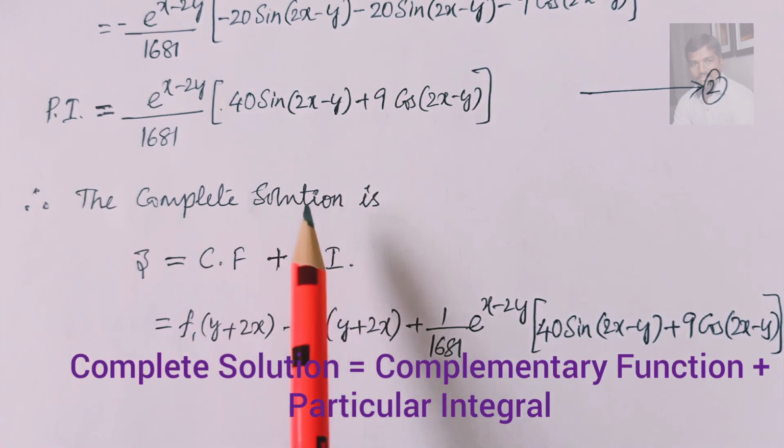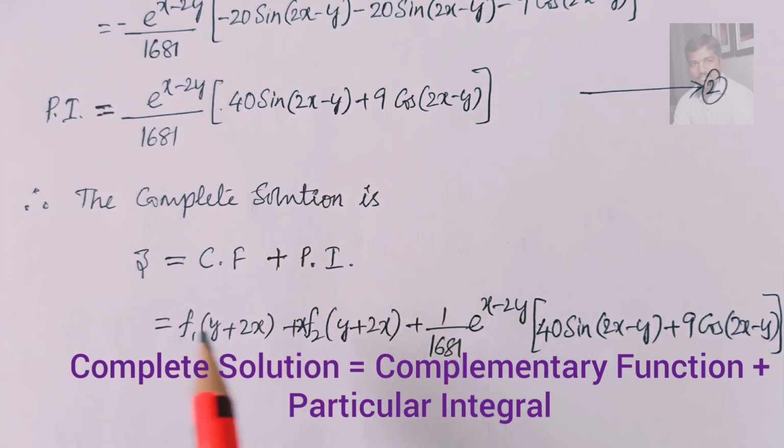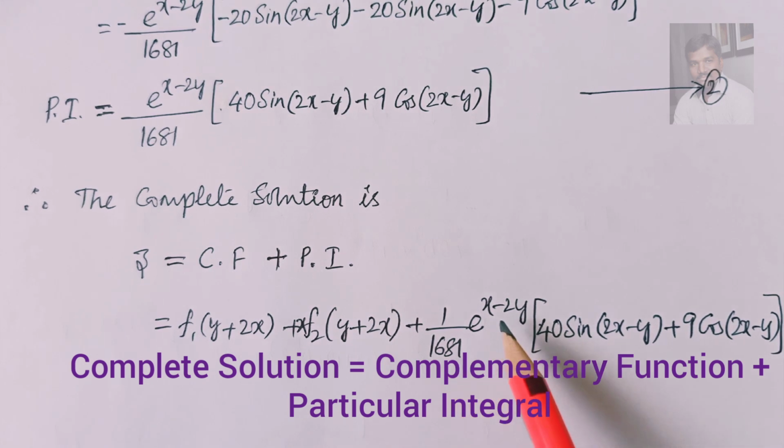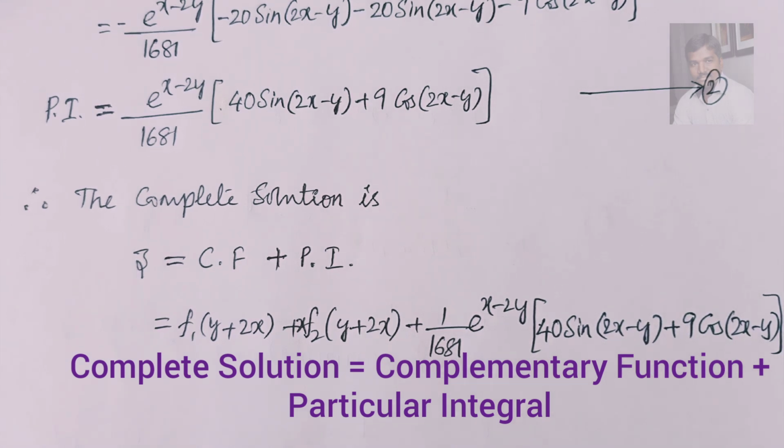Therefore the complete solution is z = complementary function + particular integral, that is z = f1(y + 2x) + x f2(y + 2x) + 1/1681 · e^(x−2y) · (40 sin(2x − y) + 9 cos(2x − y)). So this is the required complete solution. I hope you understand.